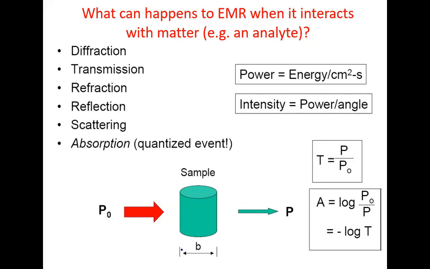So when it interacts, notice we have the power, the intensity, given per angle. Notice this particular formula, you can all see transmission. Transmission is the power that comes out, the transmitted light, over the incident light. That's a very simple formula.